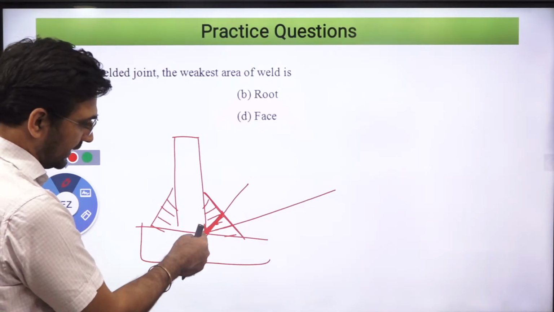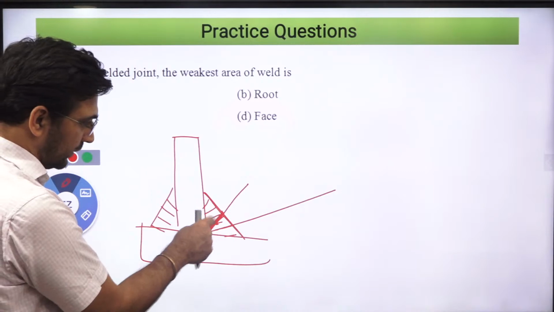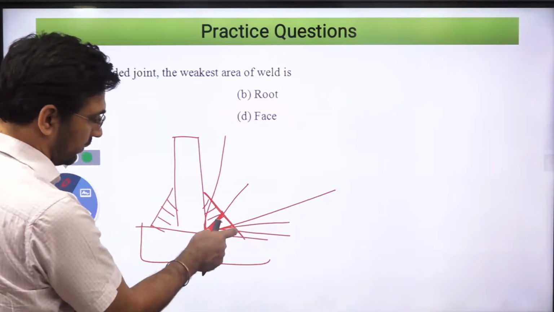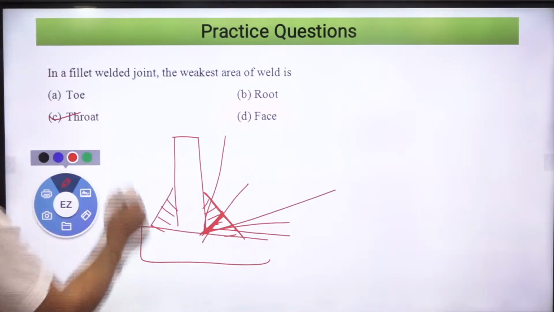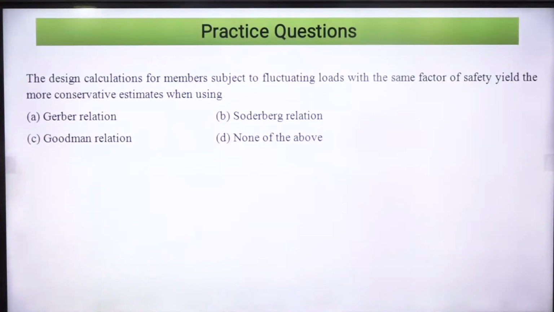So when I take any line coming out from this intersection, that will be larger than this throat one. All these will be larger than this one. So this is the throat section over here. Go ahead with this one.